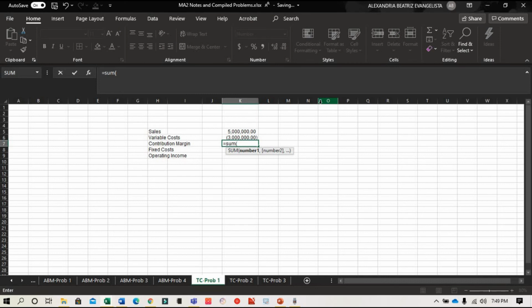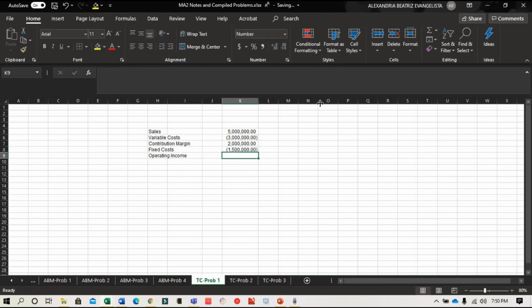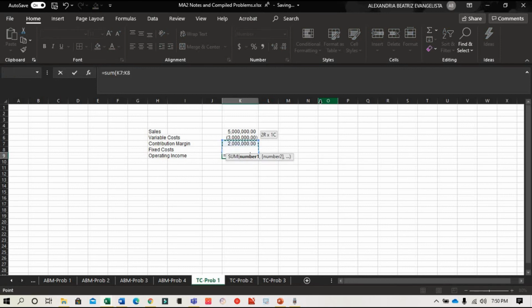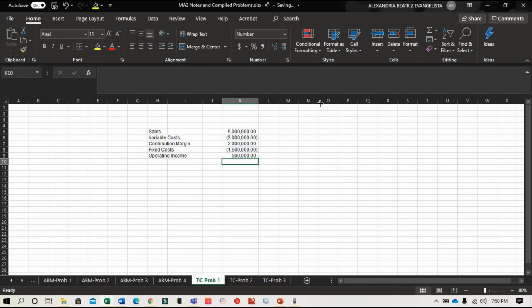And then the contribution margin is just the difference between the two, which is 2 million. And of course, the fixed cost, which amounts to 1,500,000. And of course, the operating income, which is 500,000.